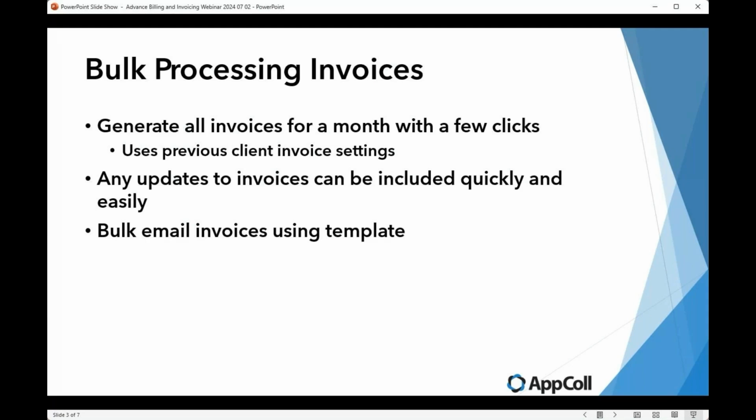You can also, after you've generated the invoices, if you make changes or edits, easily include those updates by selecting and clicking your button. And then finally, as part of this process, send out all of your invoices to all of your clients with a couple clicks using some predefined templates that you've set out. So let's go through that process.